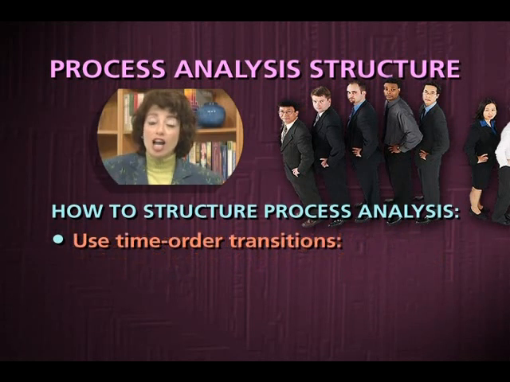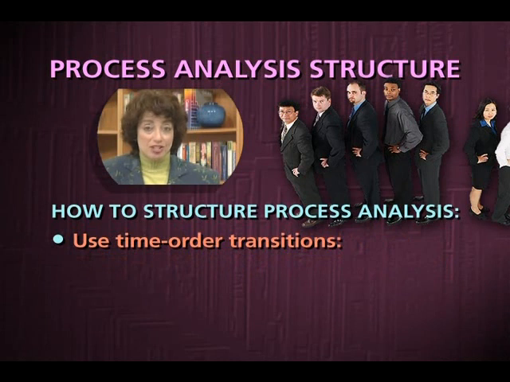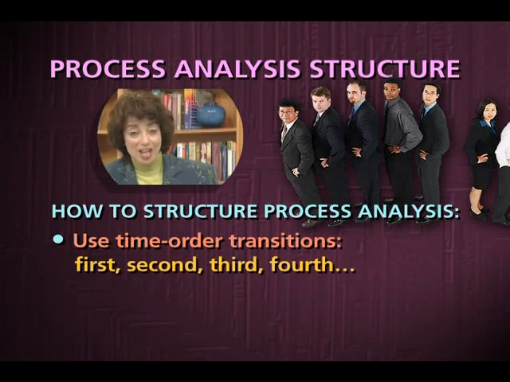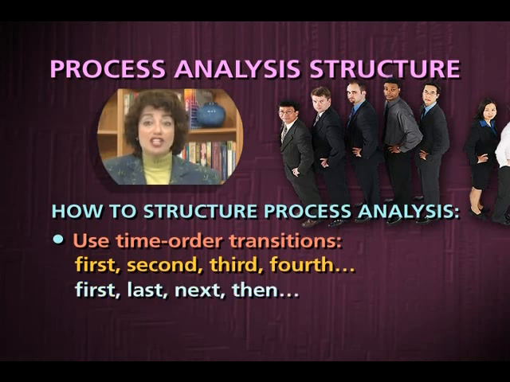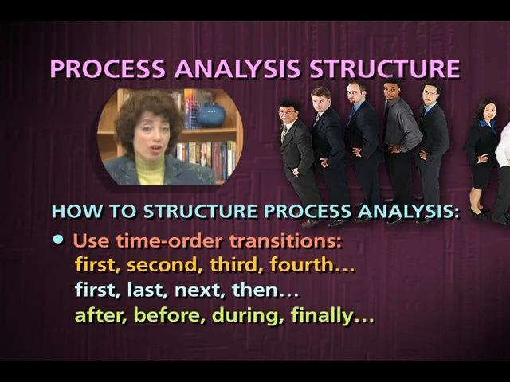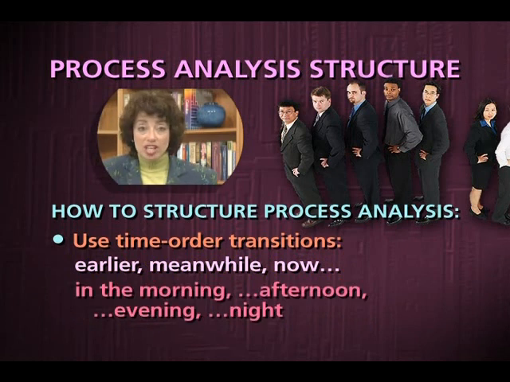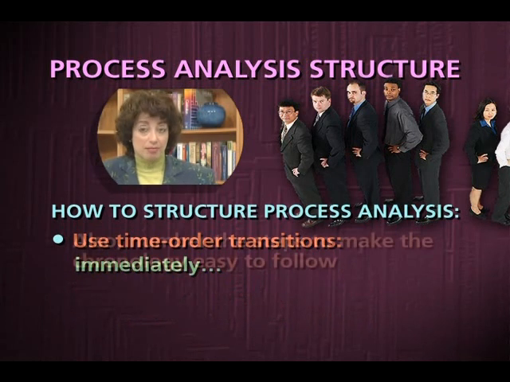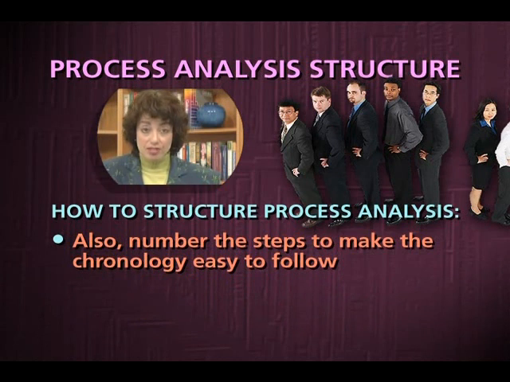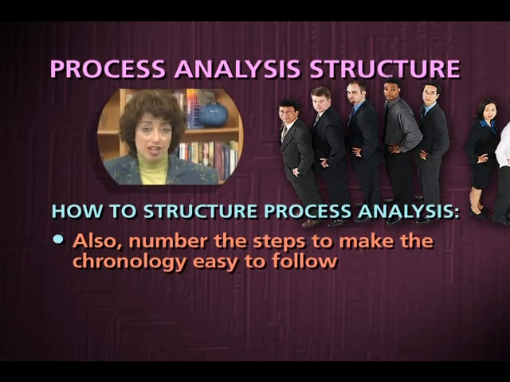You use time order transitions, words like first, second, third, fourth, so on. First, last, next, then, after, before, during, finally, earlier, meanwhile, now, in the morning, in the afternoon, in the evening, in the night, and immediately. You can also number the steps. That works extremely well because that makes the chronology very, very easy to follow.